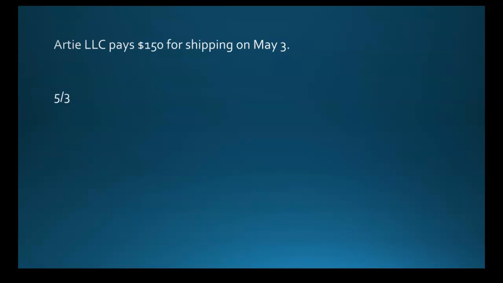So we need to show that our inventory is increasing. We debit our inventory $150 because it cost us an additional $150 to get this inventory. Now, it says that Artie is paying this shipping cost right now, so we will credit cash of $150.